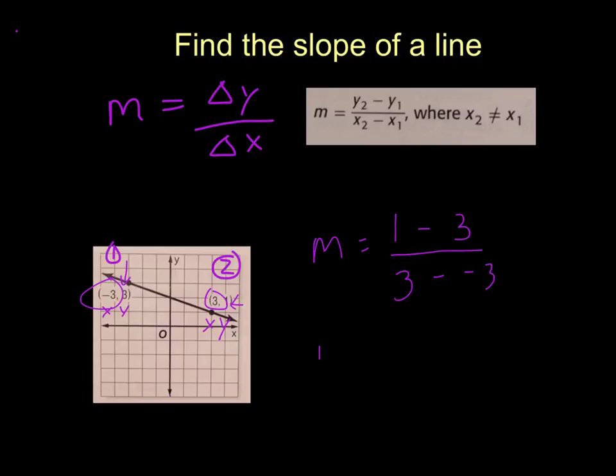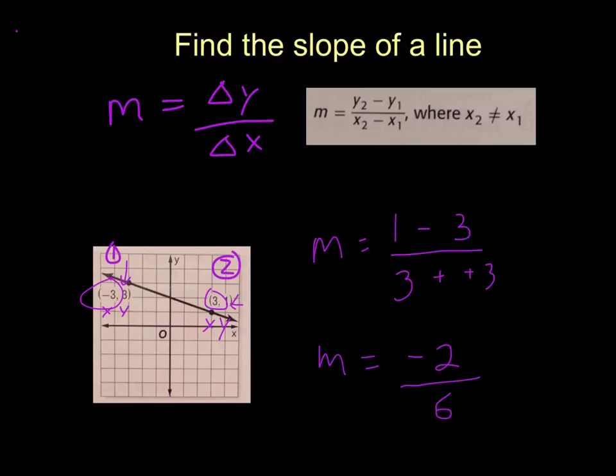Okay. So m equals 1 minus 3, which is negative 2. And 3 minus a negative 3. Remember, when I'm subtracting negatives, I can change the sign to addition, as long as I make the opposite of the negative, which is a positive. So that becomes 3 plus 3, which is 6.